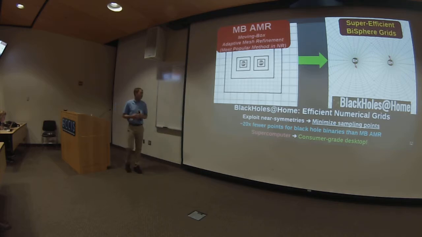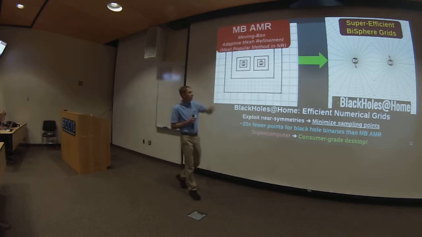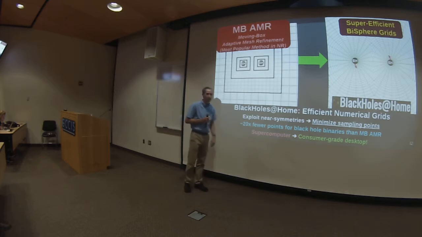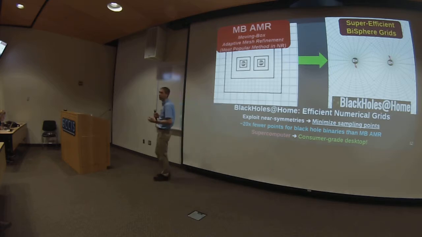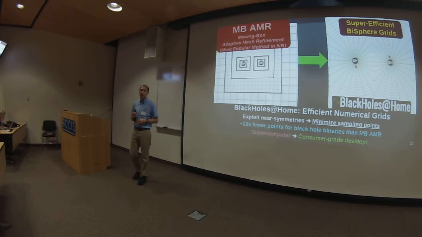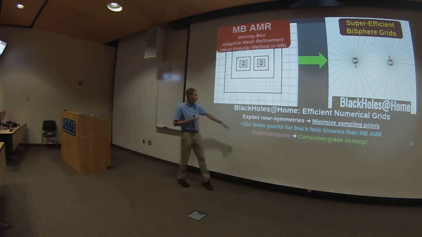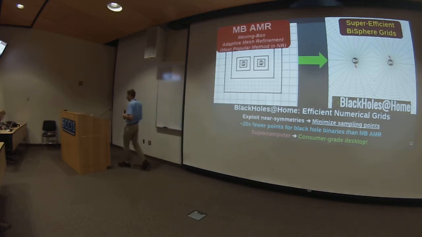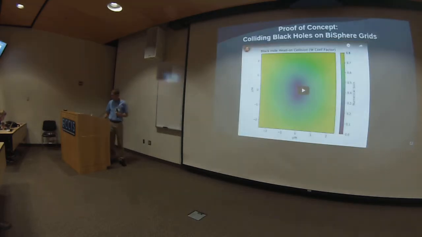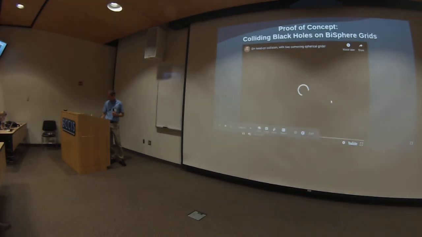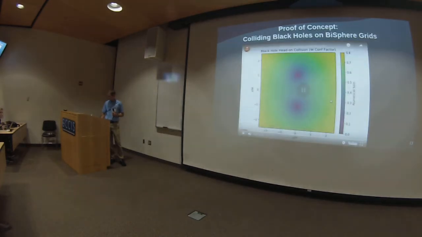The idea is that with this sort of efficient numerical grid, you can get away with about 1/20th the number of grid points, and therefore you get an enormous savings in memory usage. You can then go from small-scale supercomputer simulations to consumer-grade desktops for sort of ho-hum regions of parameter space. I presented a proof of principle of this at the most recent APS meeting.